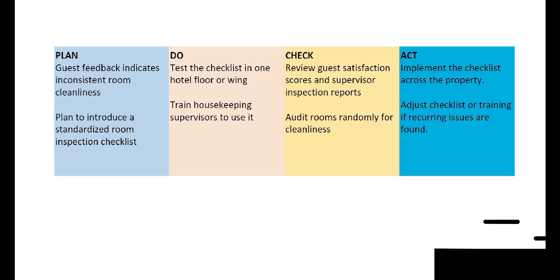For this example, in room cleanliness, we should first plan. In this planning, try to imagine designing a standardized checklist for room inspection in which our goal is ensuring that every single detail, from spotless linens to working amenities, is never missed.